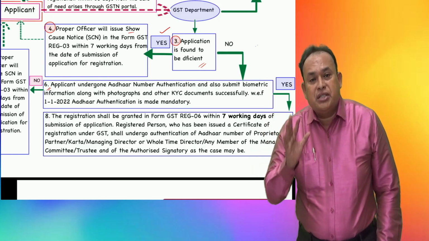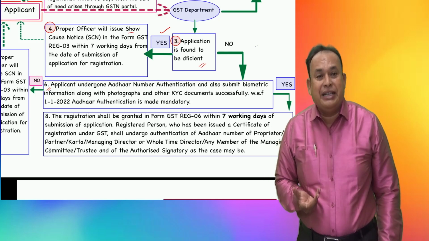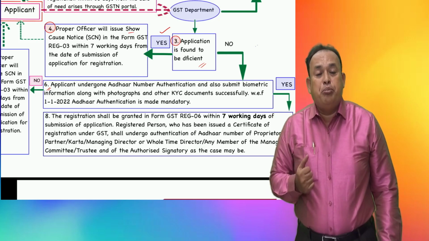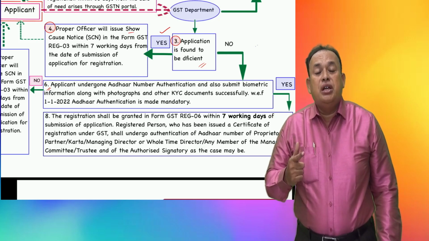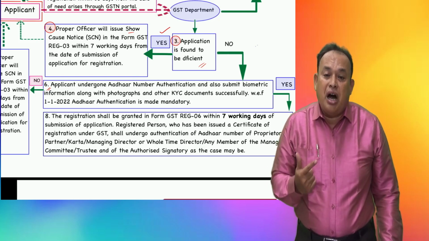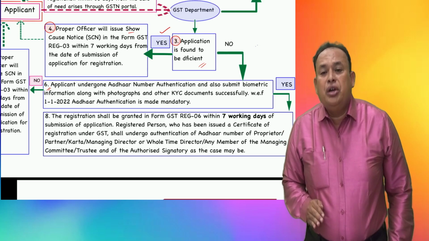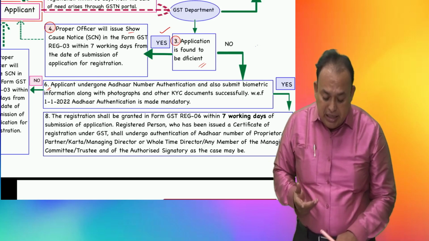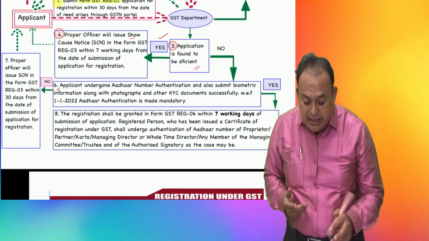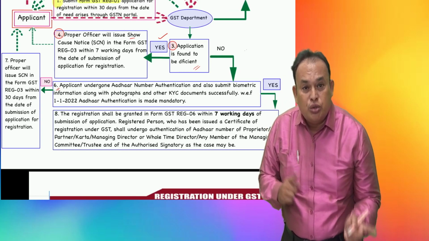In the case where Aadhaar authentication is not given, what happens? The department will issue notice in the form GST REG 03, not within 7 days, but within 30 days. Step 4 comes into the picture, then step 6 to step 7.